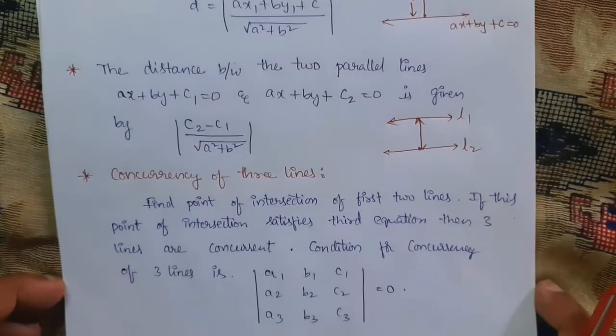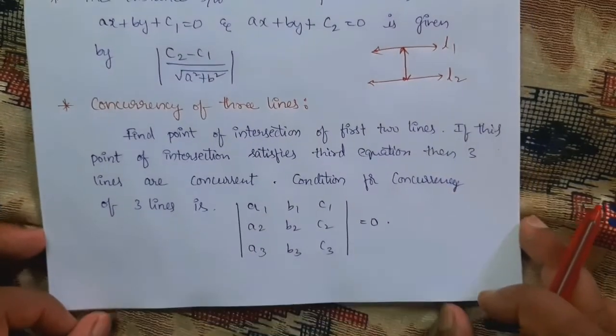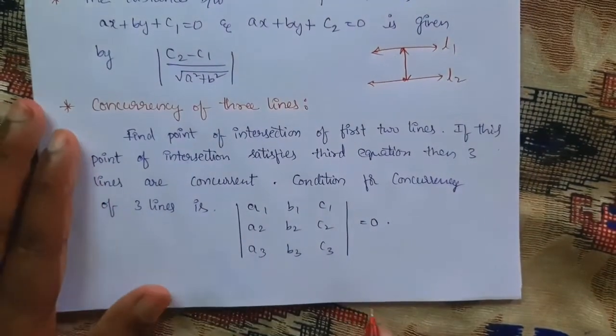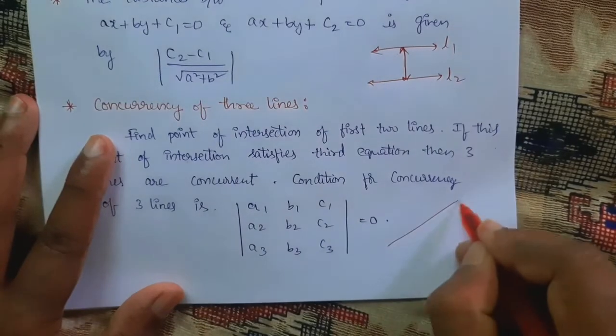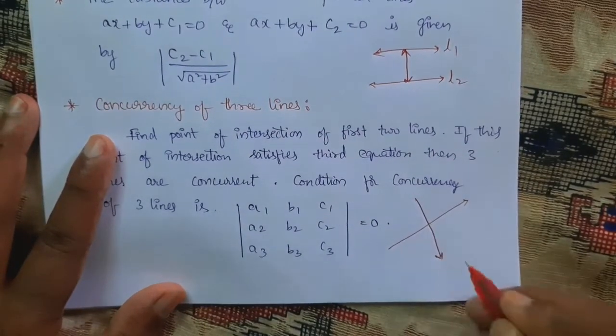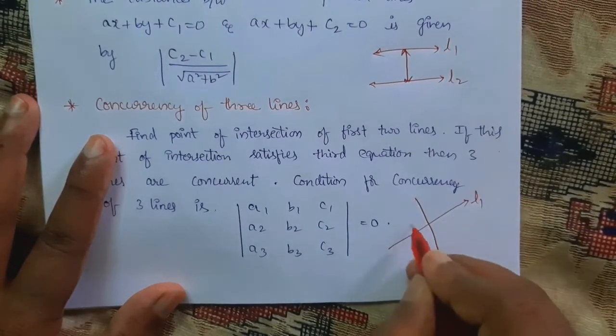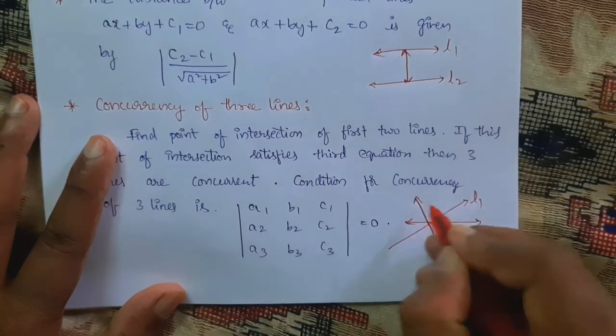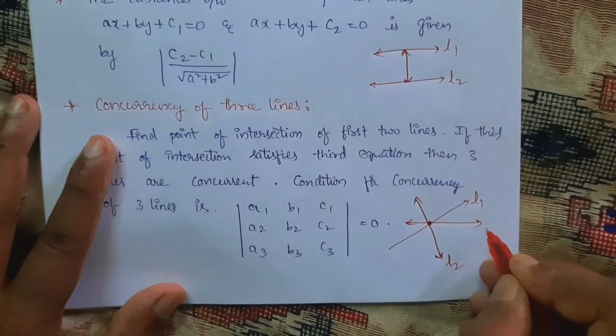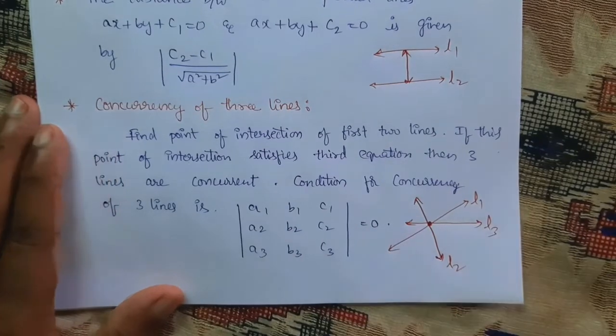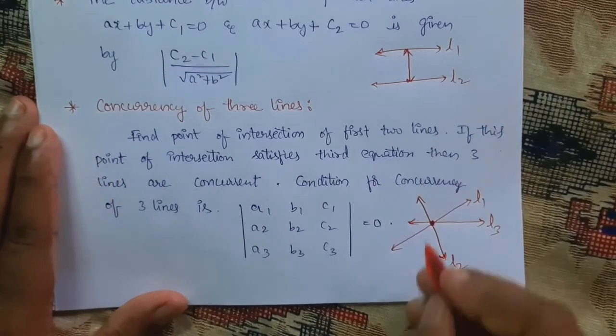Next, coming to the concurrency of three lines. For example, this is L1, L2 and L3. When three lines intersect at a point, that point is considered the concurrent point.